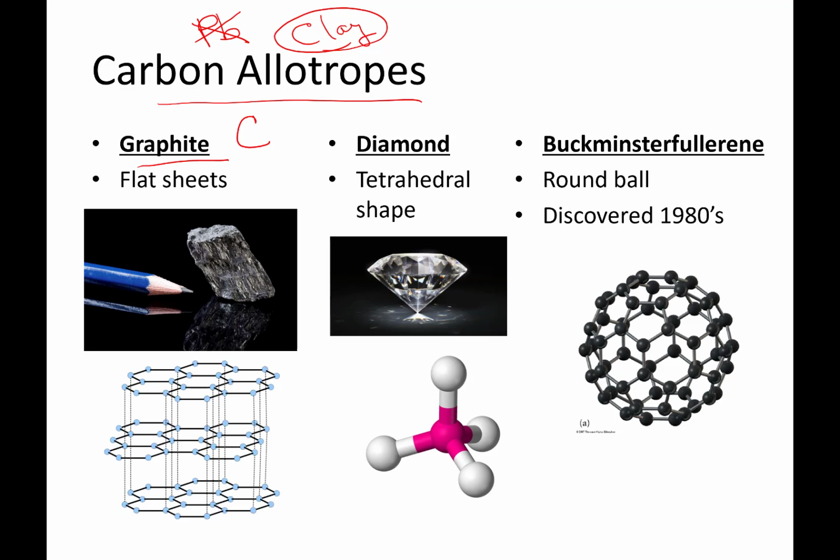And in graphite, the atoms are arranged in little six-sided rings. And those little six-sided rings are then arranged in flat plates. And there are weak hydrogen bonds between each one of these groups of plates.